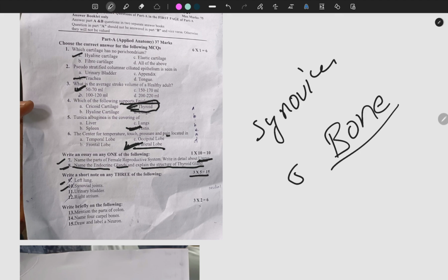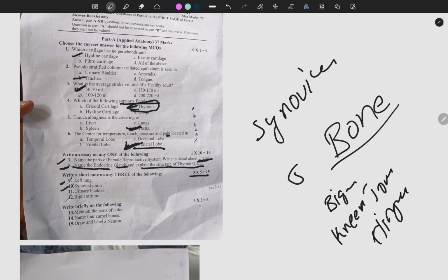And the next one is synovial joint. So what is a synovial joint? A joint is between two bones. Mainly synovial joints are present at the big bones, for example the knee joint, otherwise the hinge joint.